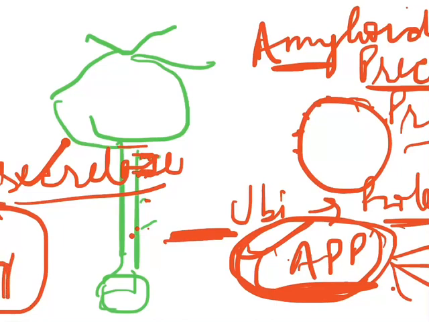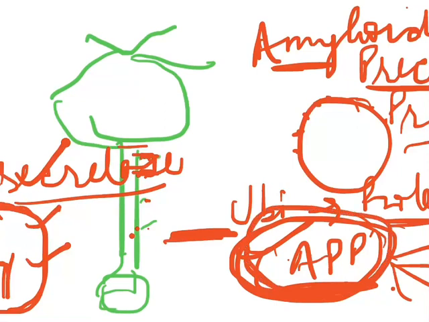Normally there should be more of the alpha secretase, but in certain individuals, because of genetic predisposition or some exposure throughout life, the beta secretase and gamma secretase activity will be increased, and that will degrade this amyloid precursor protein into toxic components that will be toxic to the parent neuron as well as to the surrounding neurons. And how does it become toxic? One of the mechanisms of toxicity is that these components get attached to the AMPA receptor.